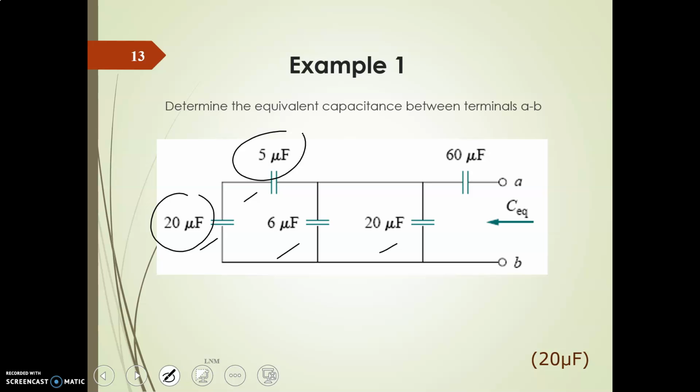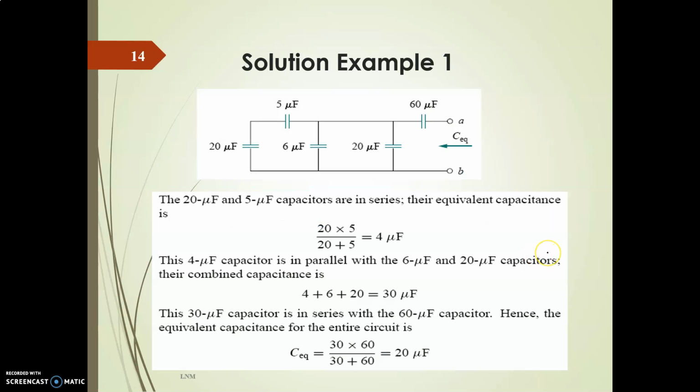Then it is in parallel with 6 microfarad, so you add, because you treat it like series resistance in parallel. Also plus 20 microfarad. The last one will be in series with 60 microfarad, so you must solve it by using 1 over. Okay, so I give you the solution here, and I give the explanation also.